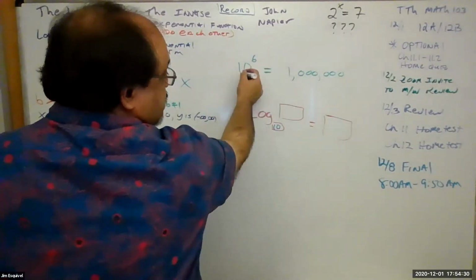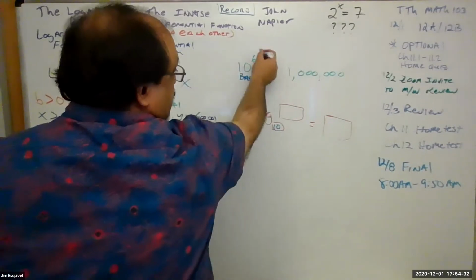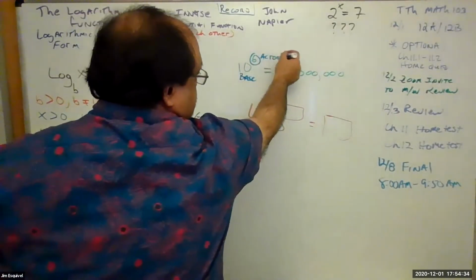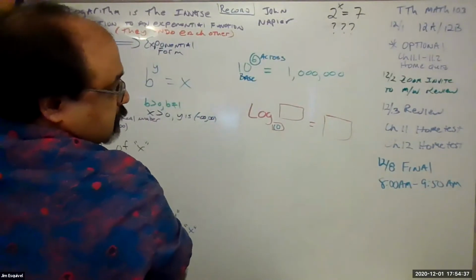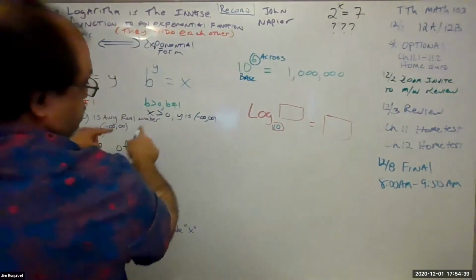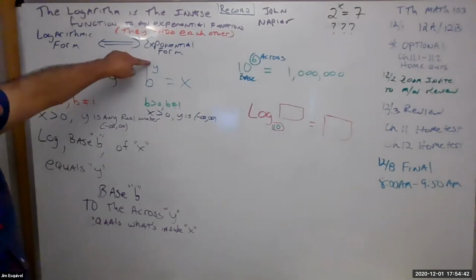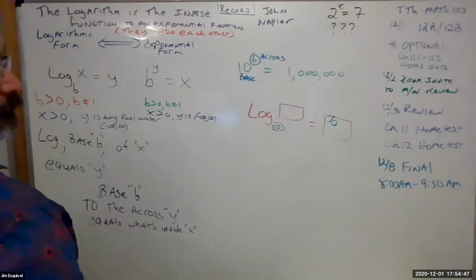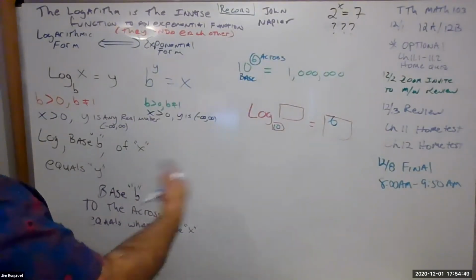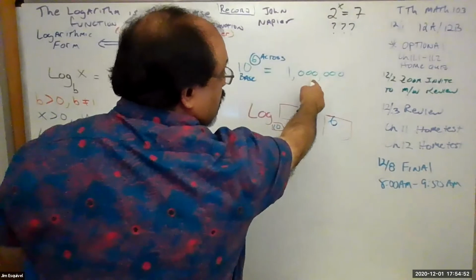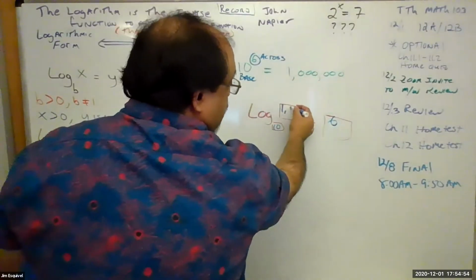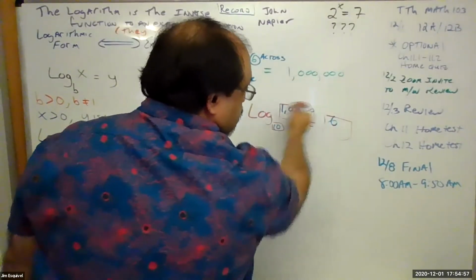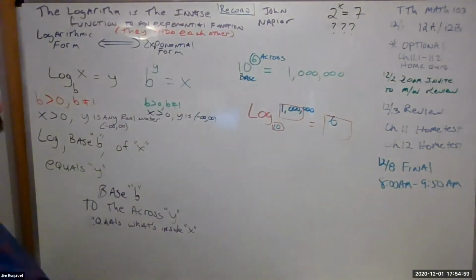So here's the base, and this is always the across. When you convert it, base to the across, so the 6 goes over here. Equals, and then what does it always equal? It equals what's inside. So the million goes back on the inside. That's how you put it back together.